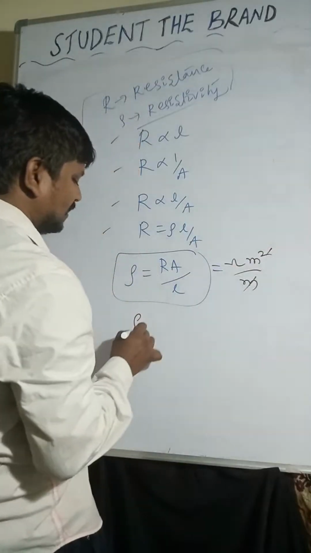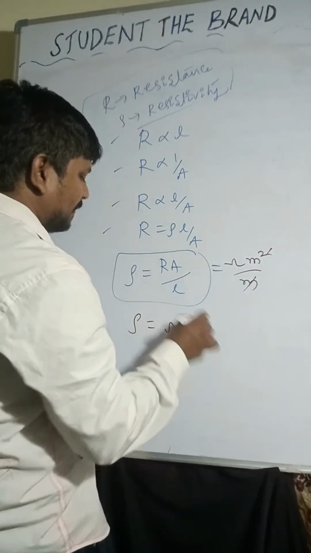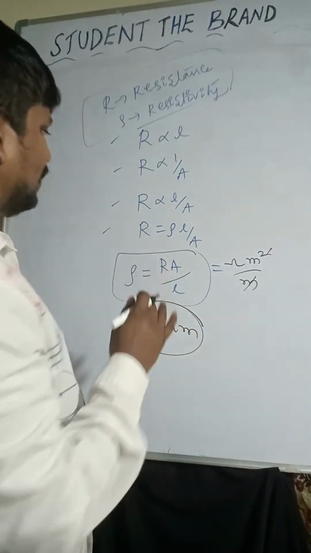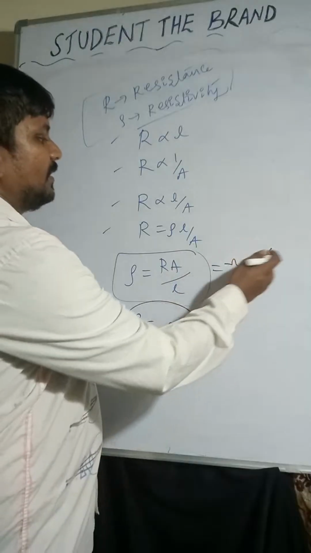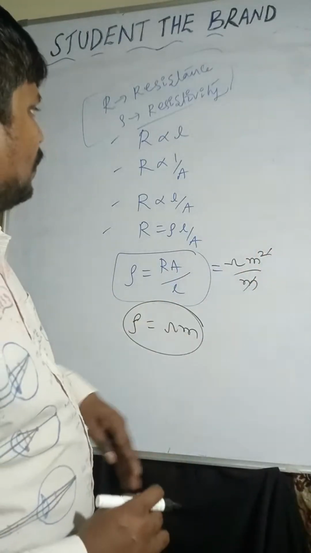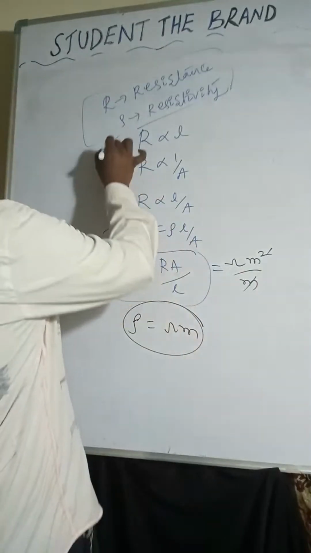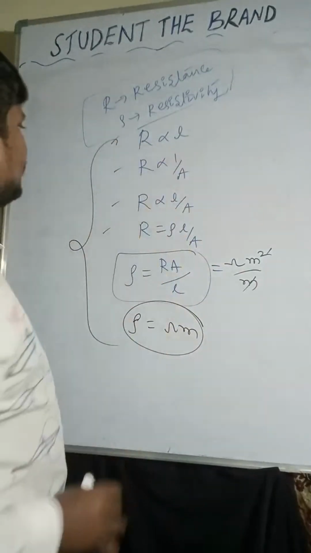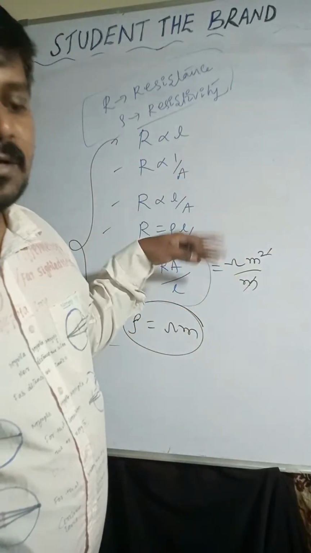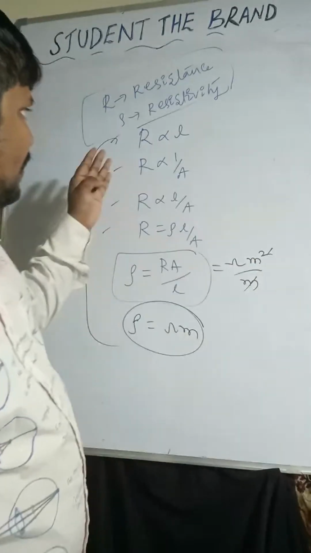Meter gets cancelled, so rho equal to ohm meter. Resistivity equal to ohm meter. So very important calculation, very important definition. Okay, so be very clear.